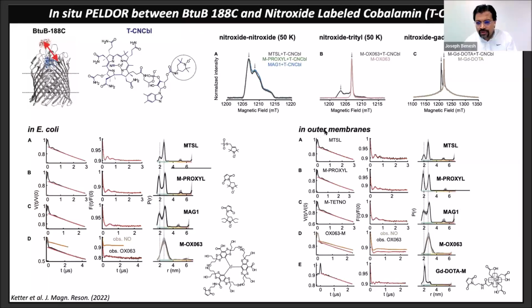Going to outer membranes, we see the same distance distribution as in whole E. coli for the nitroxide and the trityl label. And in the outer membranes, we were able to use the gadolinium labels also, which didn't work in E. coli. But again, you see that for gadolinium, there is a higher narrowing of the observed distance distribution, which also tells us that the physical-chemical properties of the tag itself, which can influence the interaction with the surroundings, may also influence the observed distance distribution.